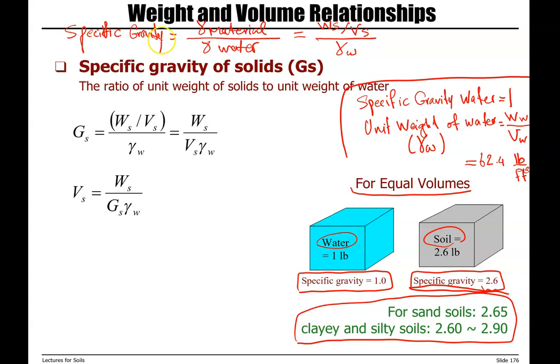So again, the specific gravity of soil is unit weight of soil divided by unit weight of water, which is unit weight of solids divided by unit weight of water. Unit weight of solids is weight of solid divided by volume of solid. So this is the general formula to calculate the specific gravity of solids.